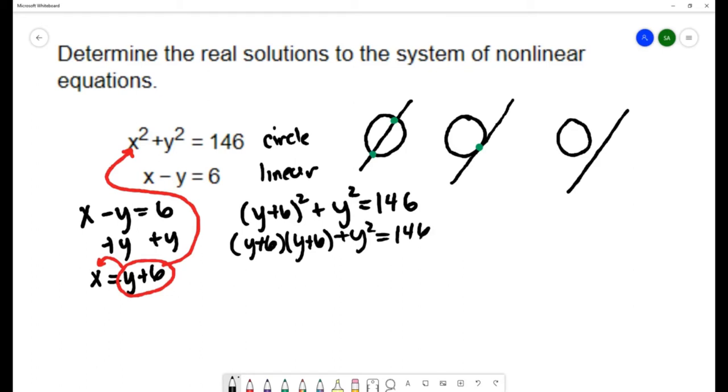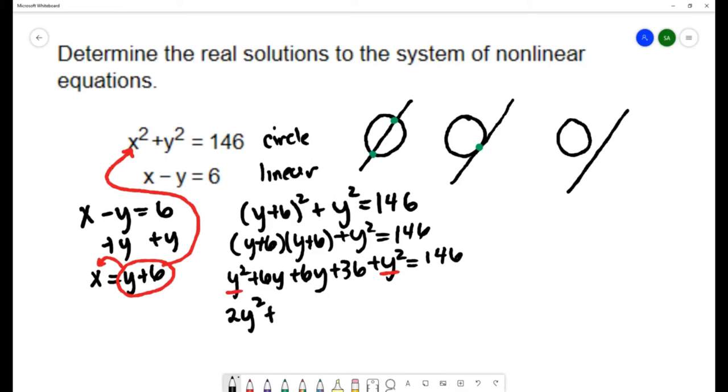And when I multiply that out, I'll get y squared plus 6y plus 6y plus 36 plus y squared equals 146. Got some like terms I can combine. Y squareds combine together to become 2y squared. 6y and 6y combine to be 12y. And I've got plus 36 equals 146.